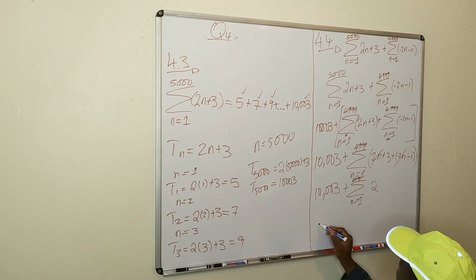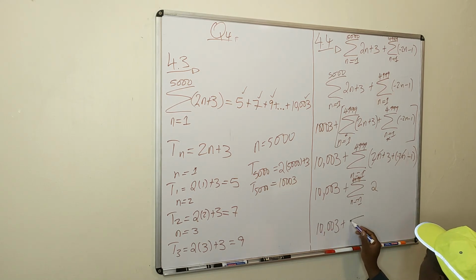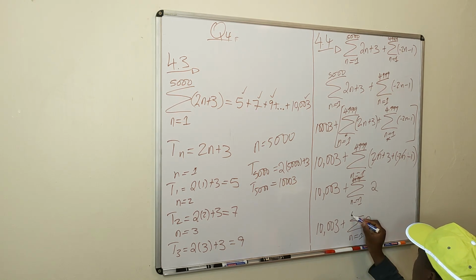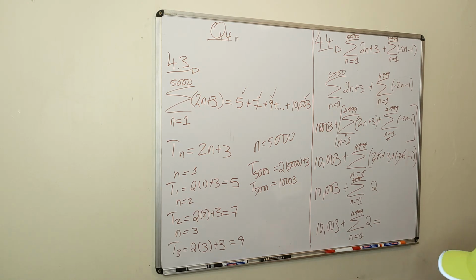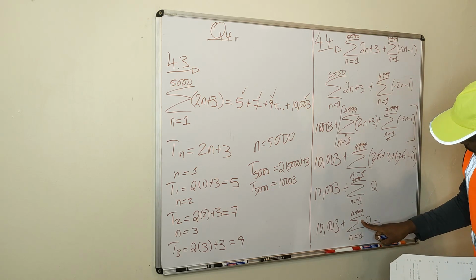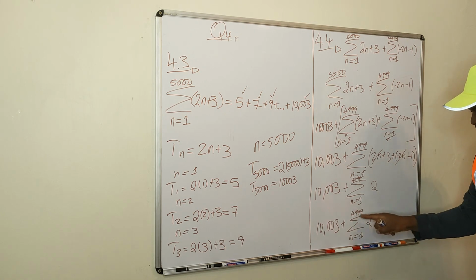So we have 10,003 plus a series from 1 to 4,999. So what is this? So now what this tells you, this part here, you have the terms that are here.